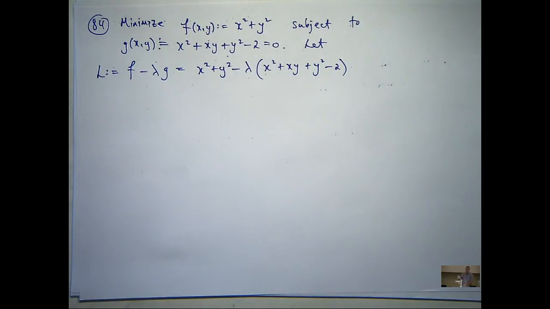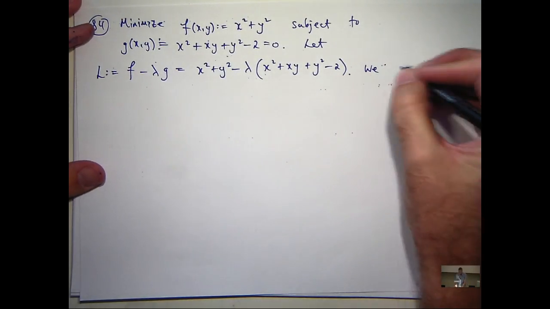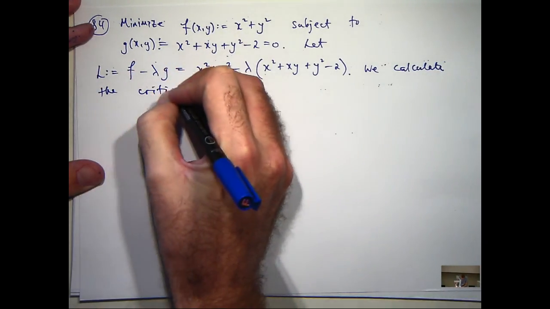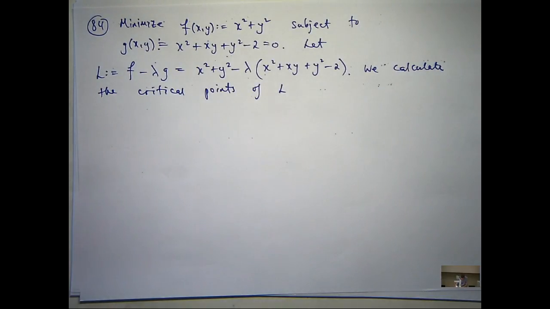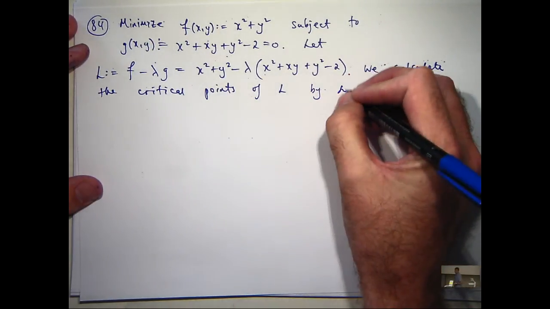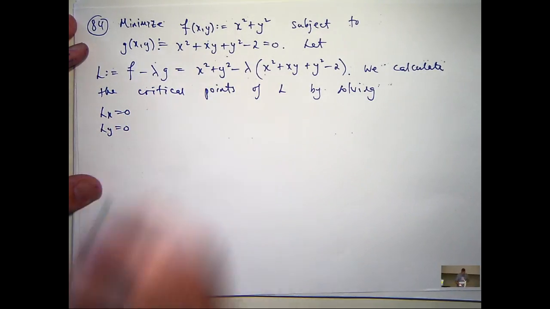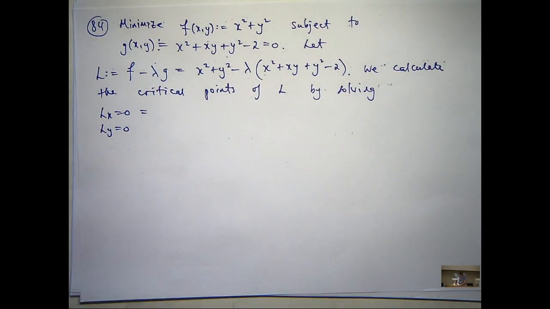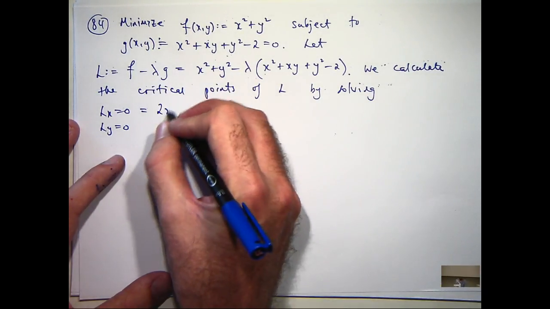So find the critical points of this Lagrangian function L by solving L sub x equals 0, L sub y equals 0. Now, sometimes these equations are easy to solve and sometimes they're not. So let's go up here, calculate our partials.